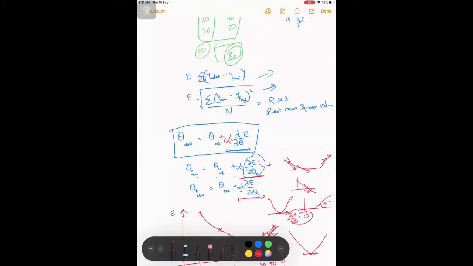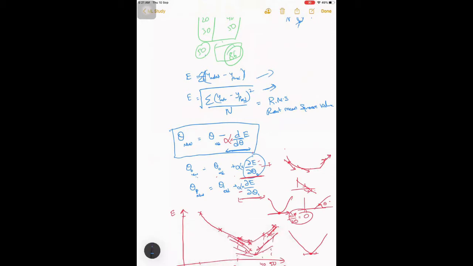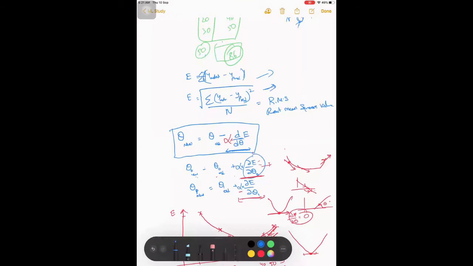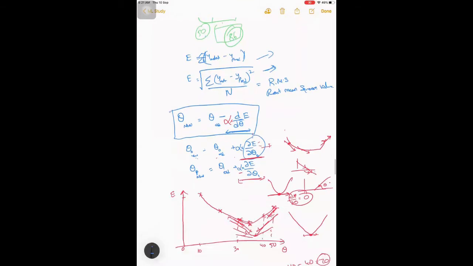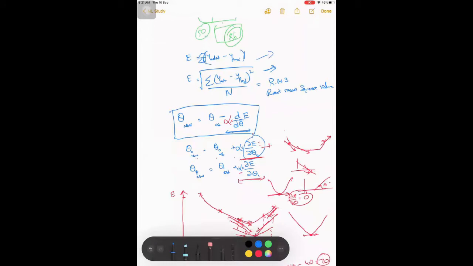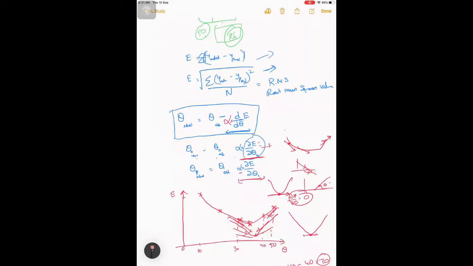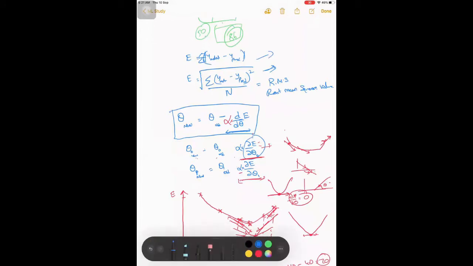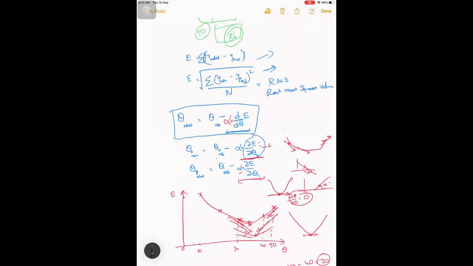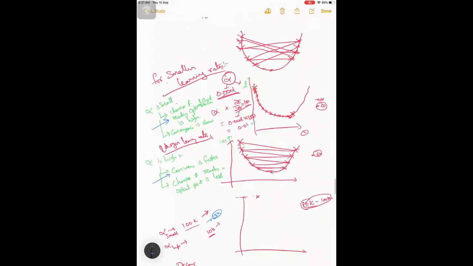Let me do that correction. I thought I'd do it in front of you. If we had taken some numerical example and done it, we would have identified it at that time. Okay, this will be minus here. That is gradient descent.